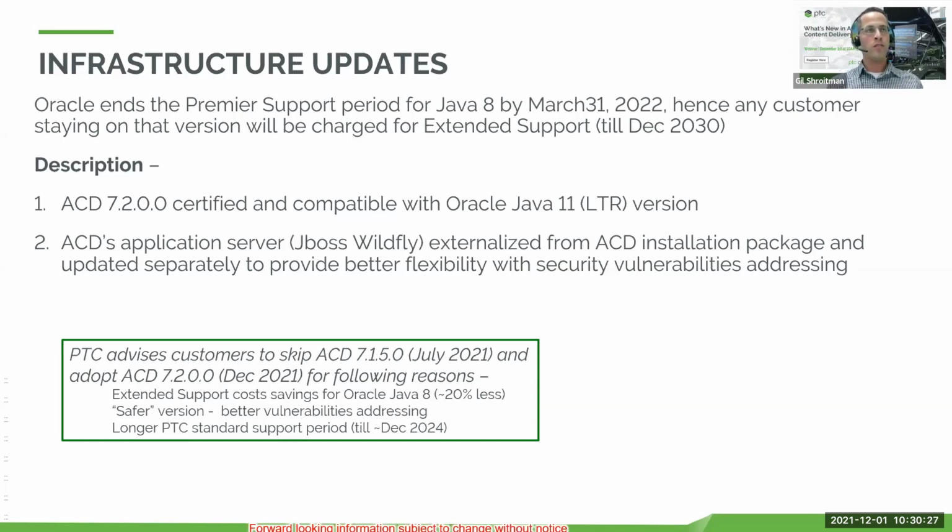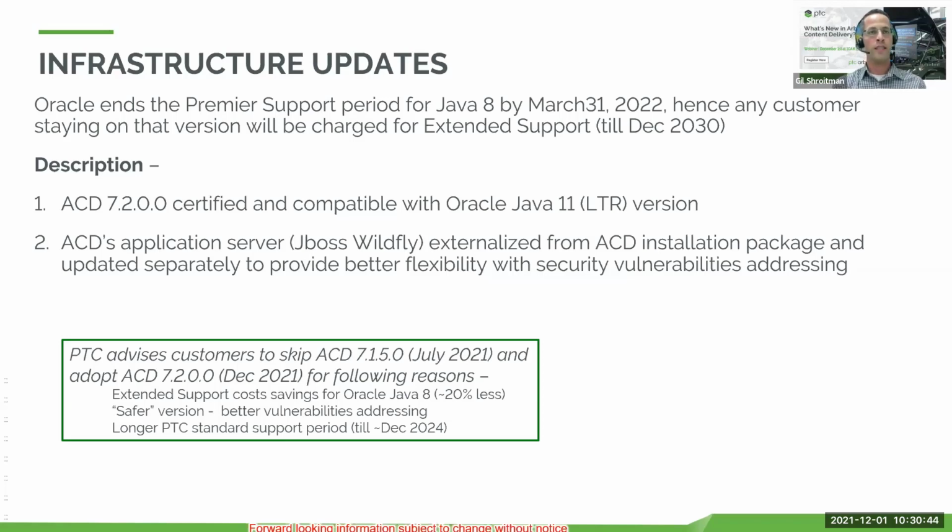So given those two infrastructure updates, we strongly recommend that all of our customers that are still considering and haven't started the deployment or update project consider preferring 7.2 over 7.15.